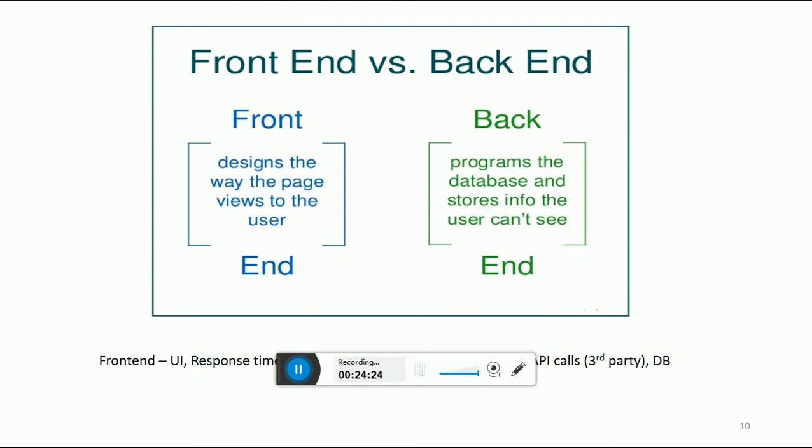And if you are in the back end, you have to look at whether the system is communicating with external APIs from a third party. Then you have to determine the API call speed and response time, and also you need to check the database in the backend.